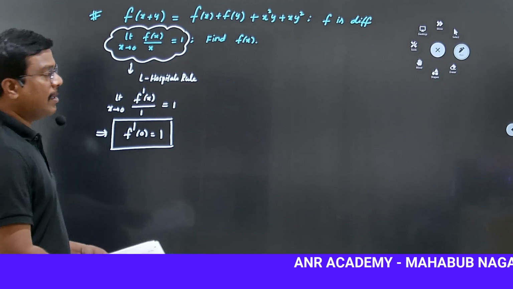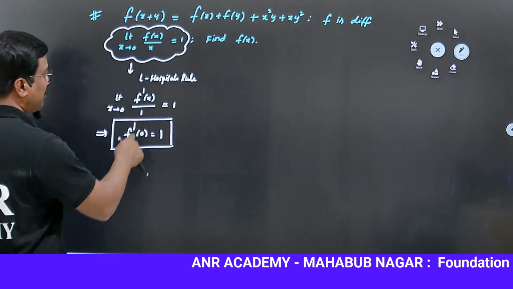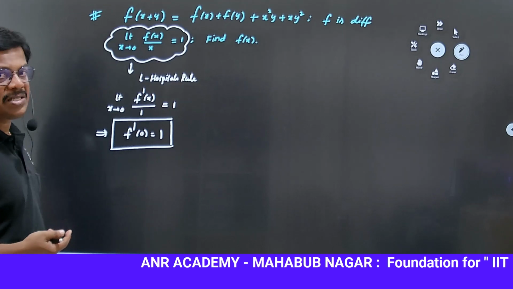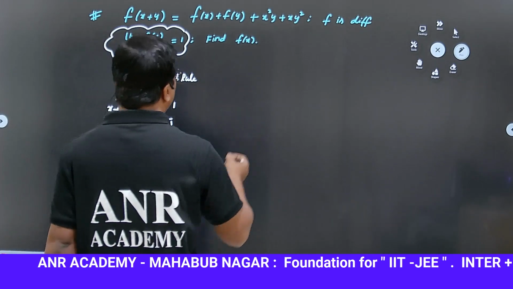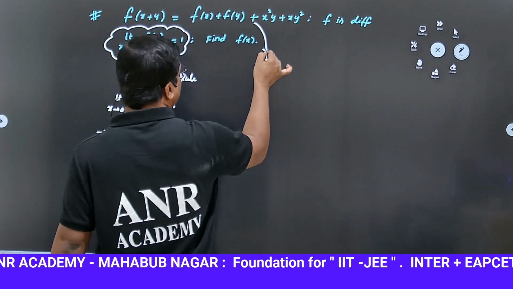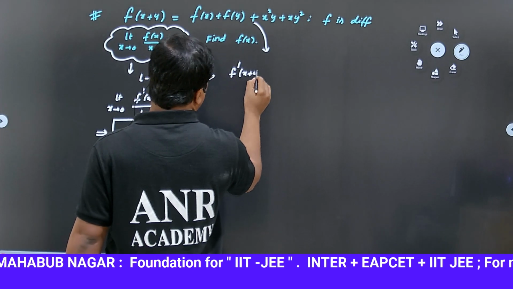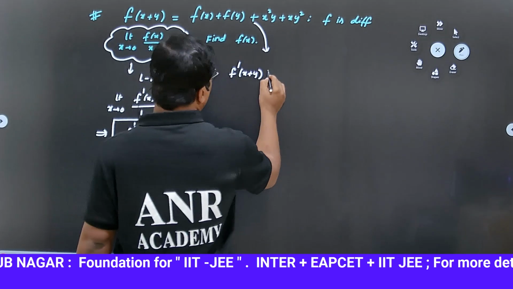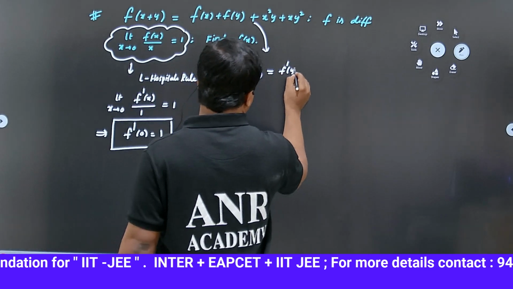Remember, this is one result given in the question. Without directly giving f dash of 0 equal to 1, it is indirectly given by limit x tends to 0, f of x divided by x equal to 1. Yes, now proceed. Partial differentiation with respect to y. f dash of x plus y, internal part derivative 1. Next, f of x derivative 0, f dash of y.